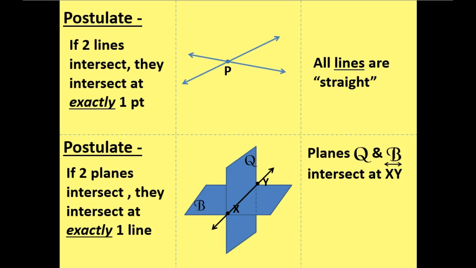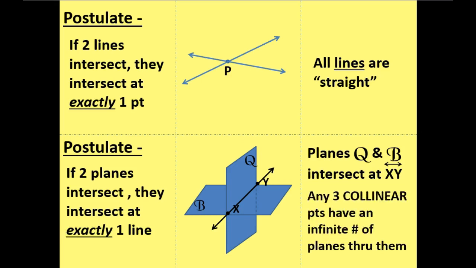So notice what I'm having you write on your notes is specifically how you would have to answer certain things. You know, planes Q and B, they intersect at line XY. Right? And then what else we said is that any 3 collinear points have an infinite number of planes through them.